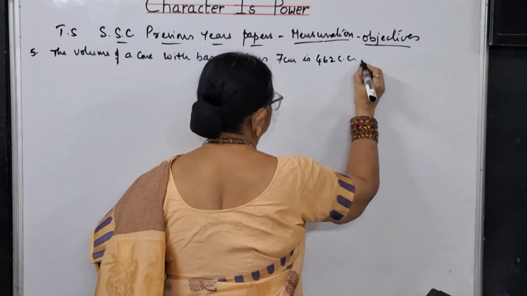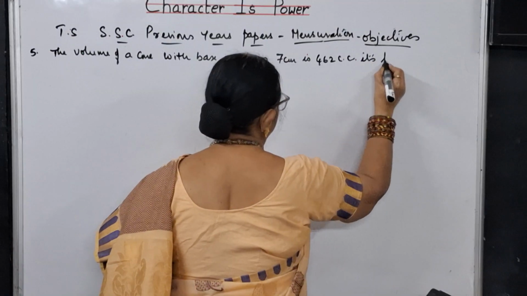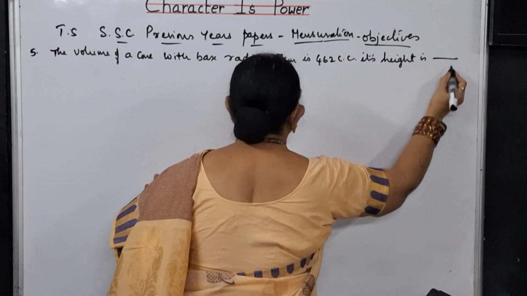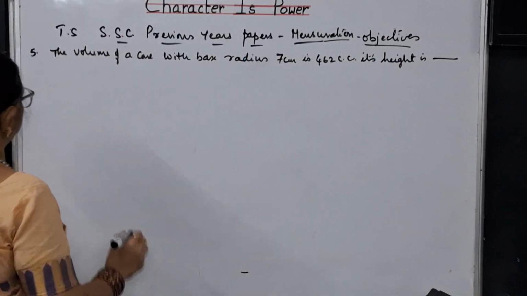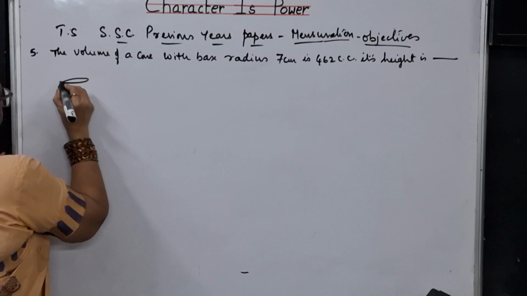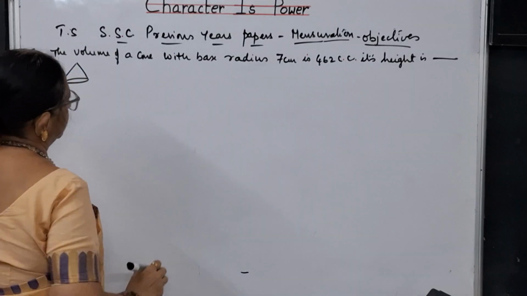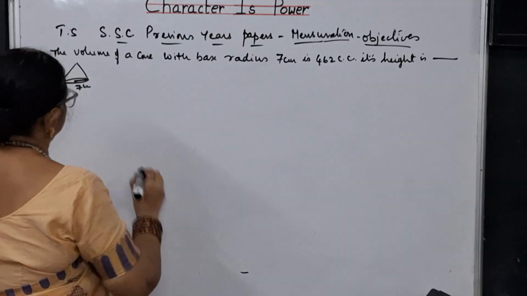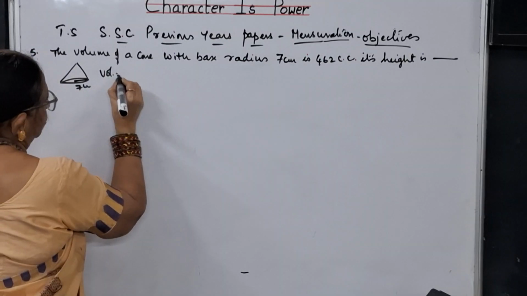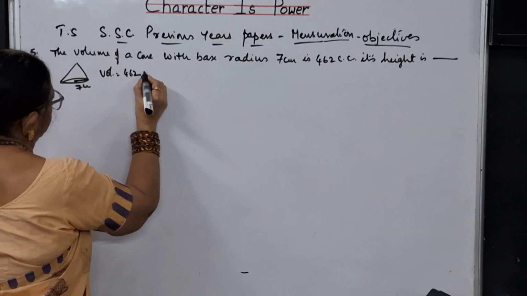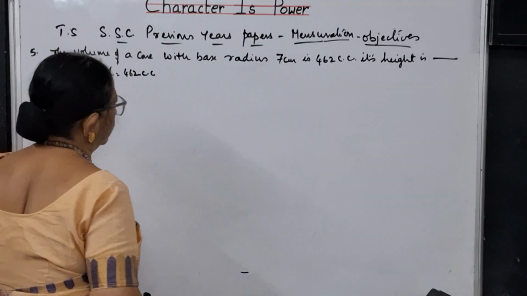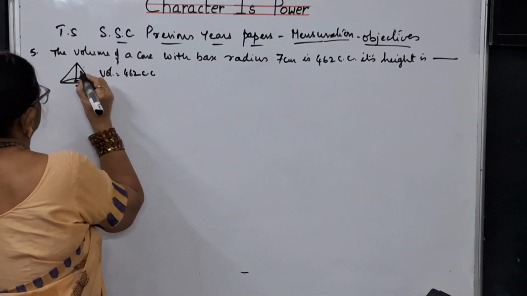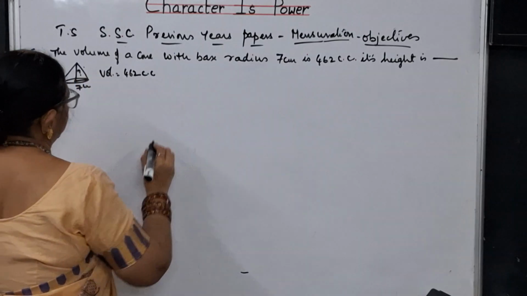Its height is dash. There is a cone with radius 7 centimeters and volume they have given, 462 cubic centimeters. So we know what is height? H is how much we have to find out.